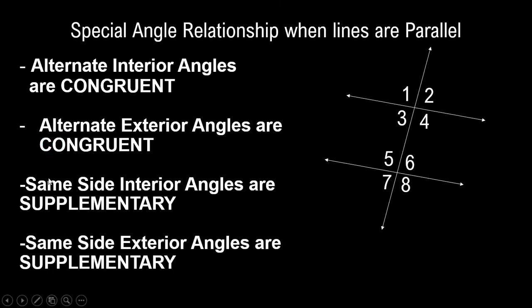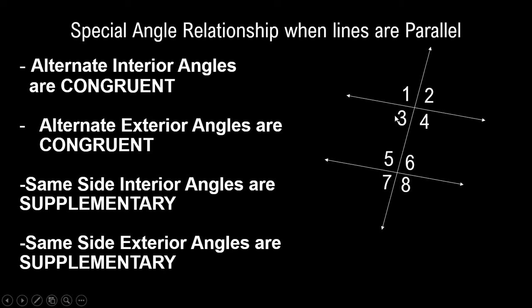The third one is same side interior angles are supplementary. When we say supplementary, that means their measures add up to 180 degrees. Let's say we have angle 3 and angle 5. When we add the angle measures of these two, it should equal 180 degrees since they are supplementary.